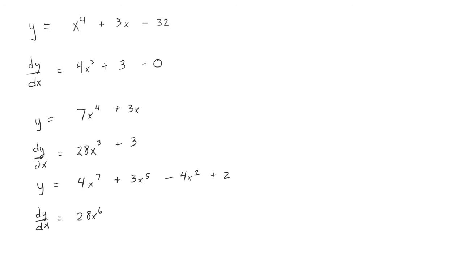So we brought the 7 down, multiplied times 4, x now to the sixth power, 1 less than 7, plus we bring the 5 down, times the 3 is 15, times x raised to the fourth power, 1 less than 5, then minus the derivative of 4x squared, bring the 2 down front with the 4, that's 8x now to the first power, and then since 2 is just a constant, that would be a plus 0, so we'll just leave it as is.